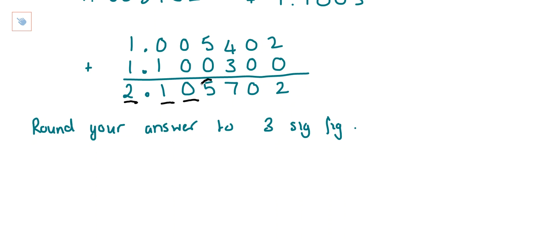So then you'd circle this, and because 5 makes it go up, you change this to a 1, and you would keep those 3. So 2.11, and then you wouldn't have to add zeros because it's behind the decimal point. You get it?